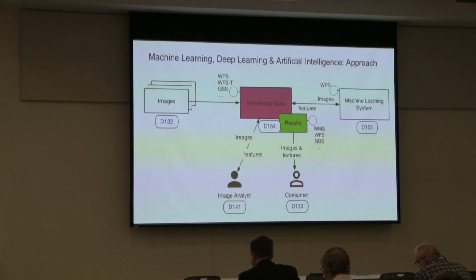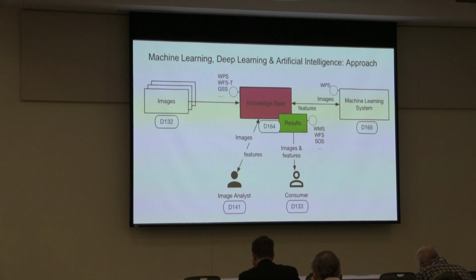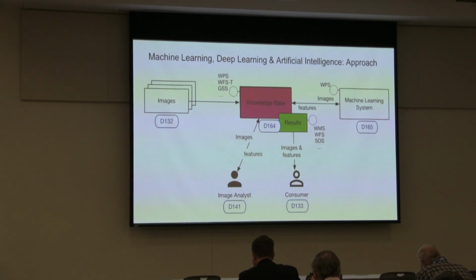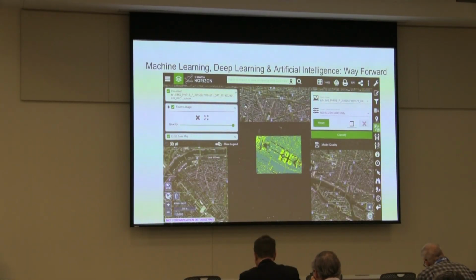The machine learning was run with OGC WPS, web processing service, but the key part here was this built knowledge base that allows linking with the needs of the machine learning and the information about where the data reside and how to access that data.